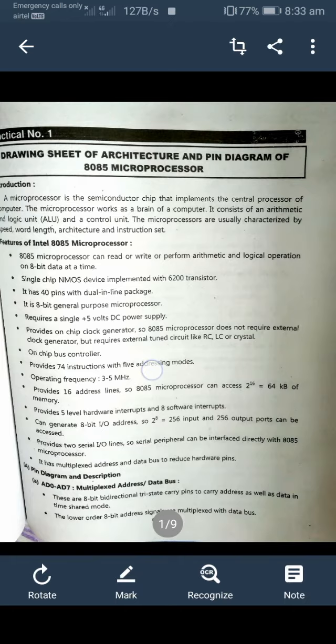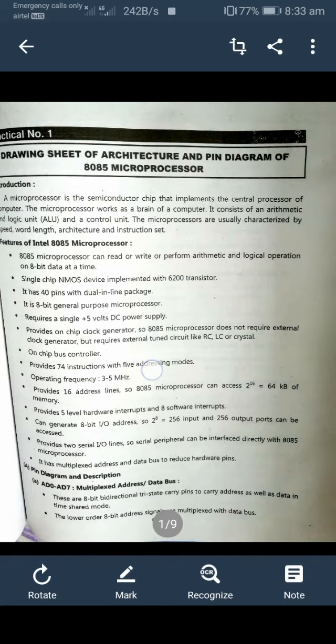It provides 2 serial input output lines, so serial peripherals can be interfaced directly with the 8085 microprocessor. It has a multiplexed address and data bus to reduce hardware pins.